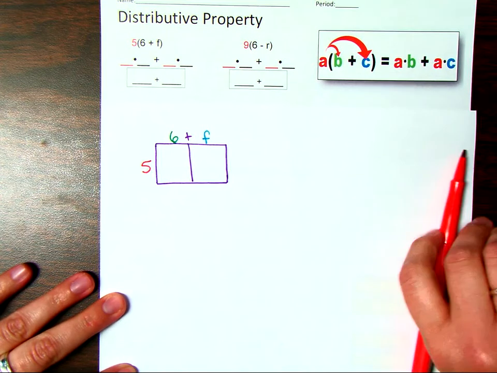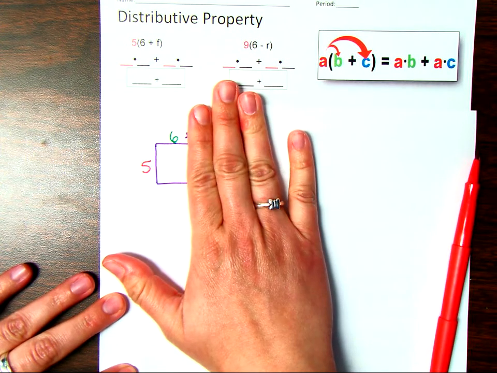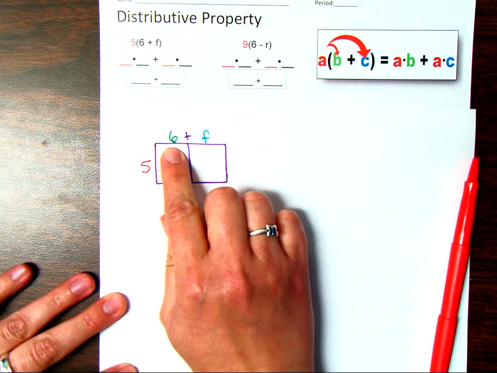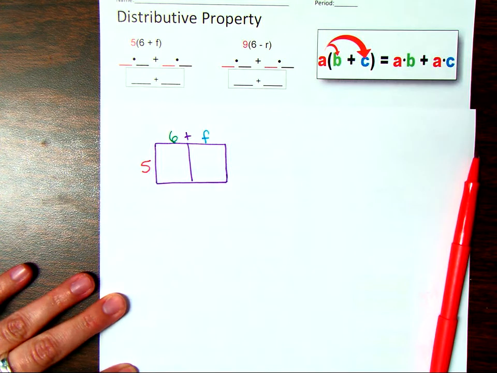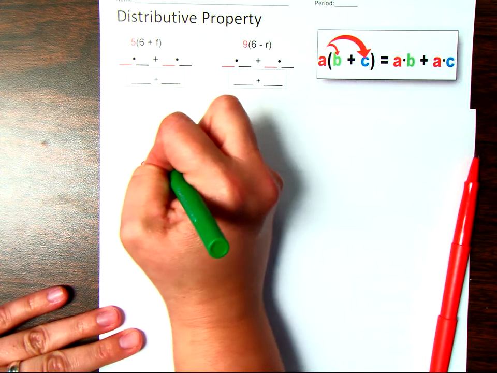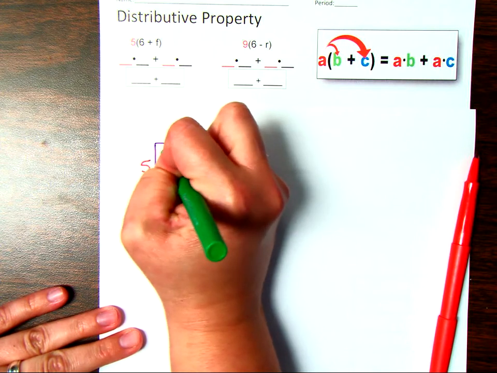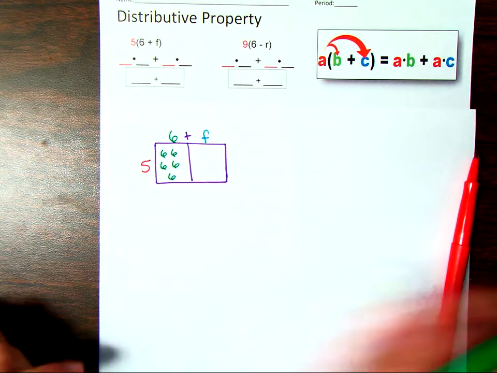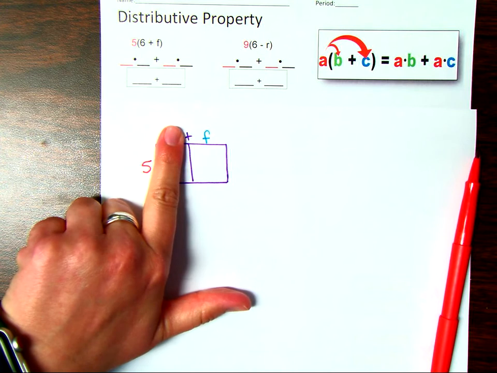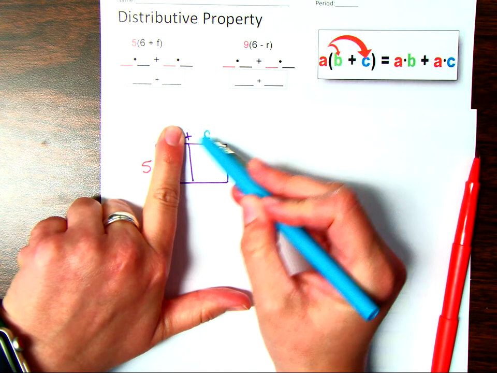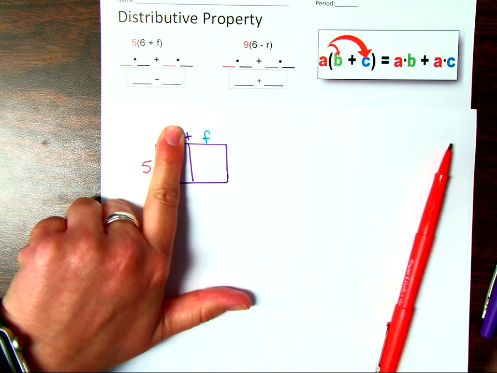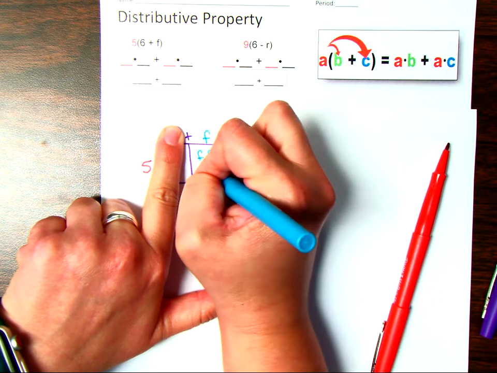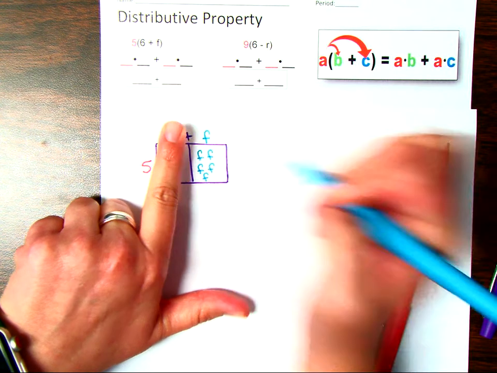So if we were to say, okay, I have 6 positives. This number 5 means I need that many groups. So 1, 2, 3, 4, 5. And then in this part of my rectangle, I have the letter F, and I have 5 of those groups. So 1, 2, 3, 4, 5.